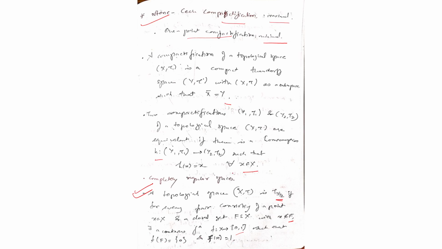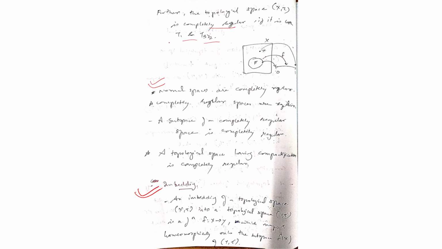And if it is both T3½ and T1, then we say that it is a completely regular space. Is it clear? In the question it is given completely regular T1. Actually it is reverse: in the question it is actually T3½ plus T1 that is a completely regular space. Okay.